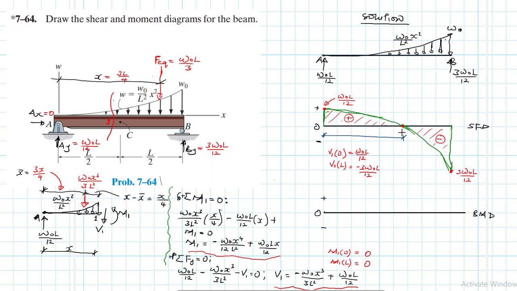So at the point where shear becomes equal to 0, we'll have the maximum moment, because we know that dM/dx gives us shear. And when moment is maximum at that point, then we expect this derivative to be equal to 0, right? So this is where the principle comes from.